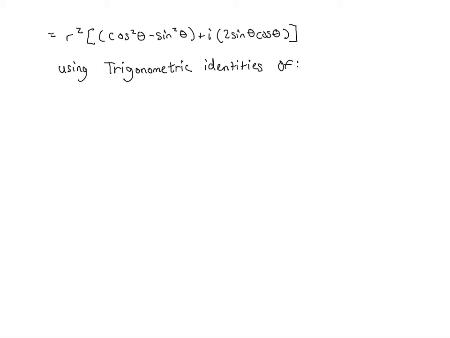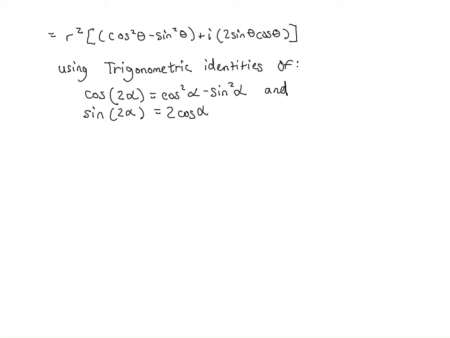we have the identity, the cosine double angle, so we have cosine of 2 alpha equals cosine squared alpha minus sine squared alpha, and we have the sine double angle, sine of 2 alpha equals 2 cosine alpha sine alpha.